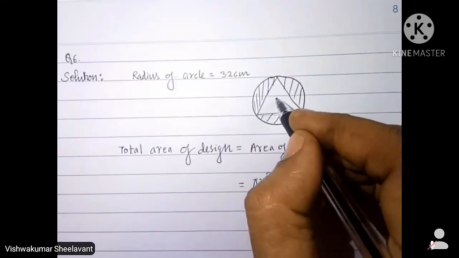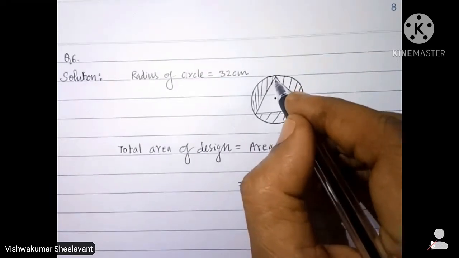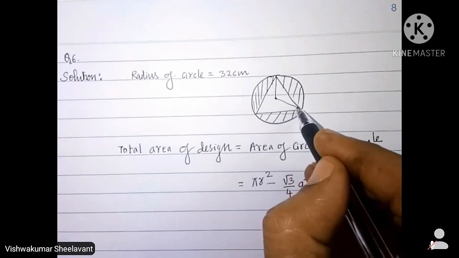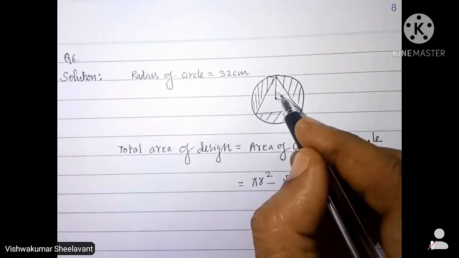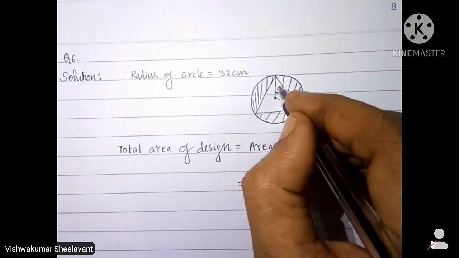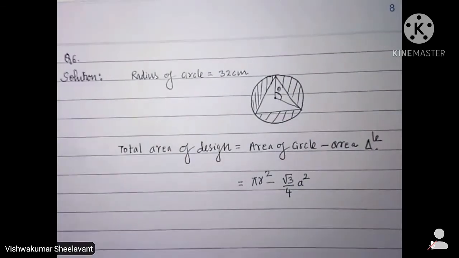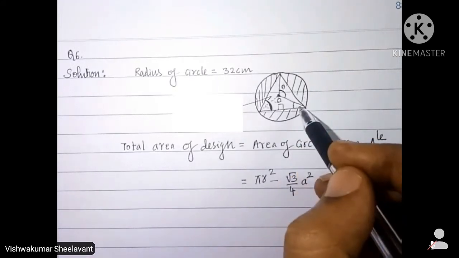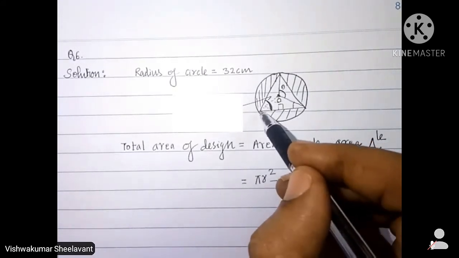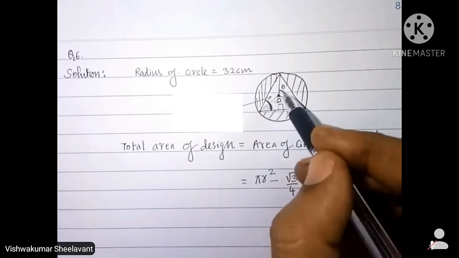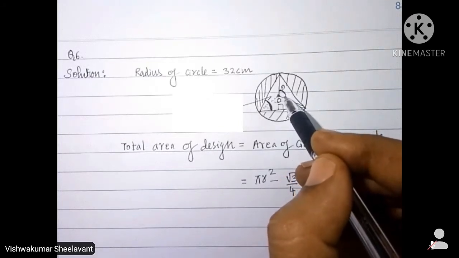But the interesting thing is, now we have to calculate angle theta. The angle subtended by a chord at any point on the circle is equal to half the angle subtended by the same chord at the center of the circle.